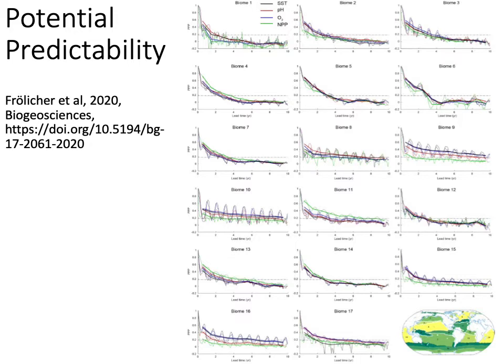Many of them have seasonal cycles, such as this biome 10, where there is considerable productivity only in the winter season, and that it reemerges each year, and others where predictability declines fairly uniformly without this seasonal oscillation.